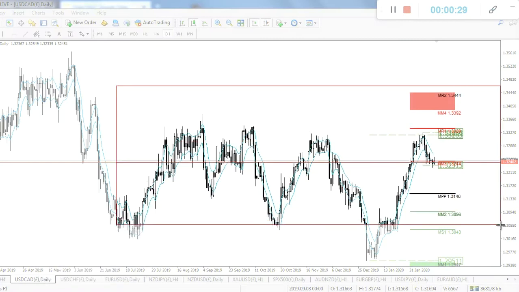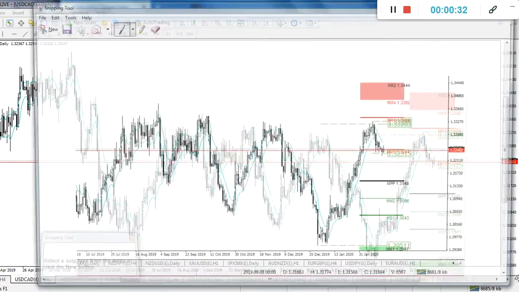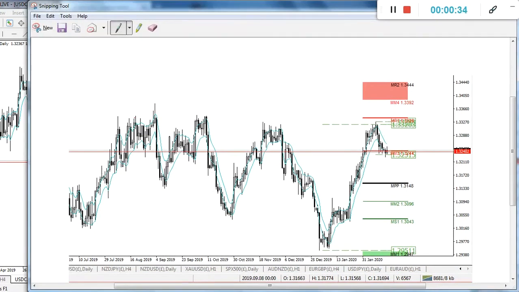As you can see, it has these highs, and on the third attempt it has tried to break it, and now it's retracing down. I'm looking for this currency to go up, so it might still be bullish.